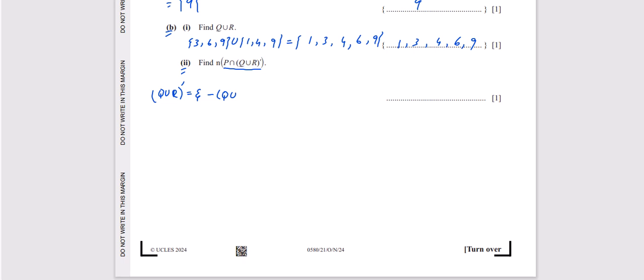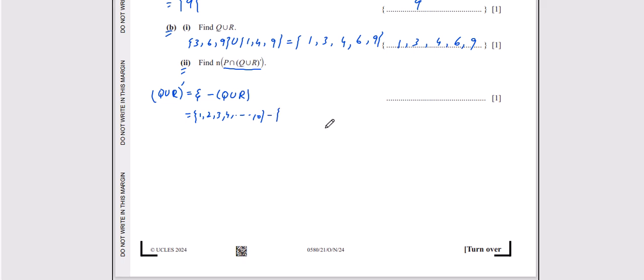The universal set is 1, 2, 3, 4 up to 10, minus the union of Q and R. The union of Q and R is this one: 1, 3, 4, 6, 9.